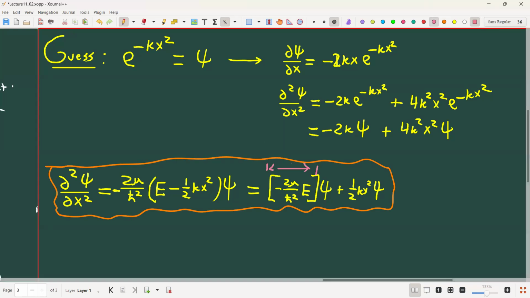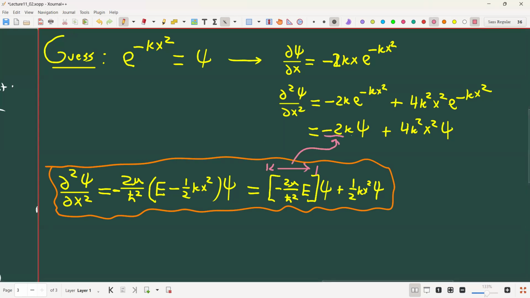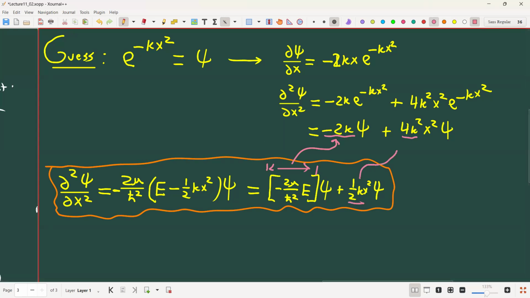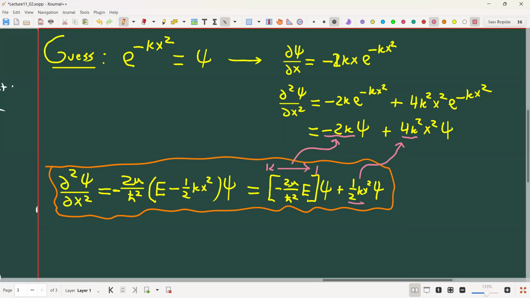So whatever this is right here is our minus 2k. And then we get this 4k squared x squared. And we can relate those two together. So this expression satisfies, at least at the bare minimum, what we want.